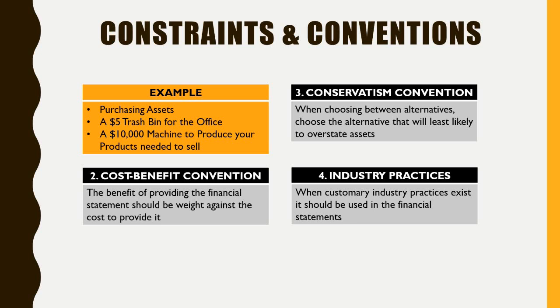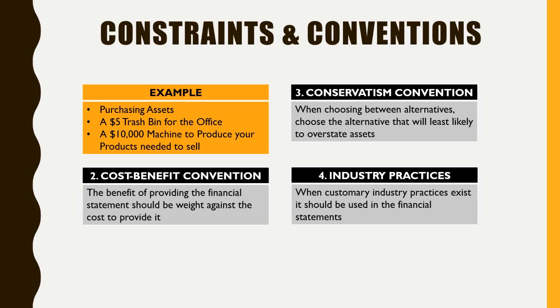Okay? Compared to buying a $10,000 machine to help you produce the products or whatever it is that is needed for the business, right? Compare yourself. A $10,000 asset is a huge amount. That's going to definitely affect your total assets, right? So that's what it means here.